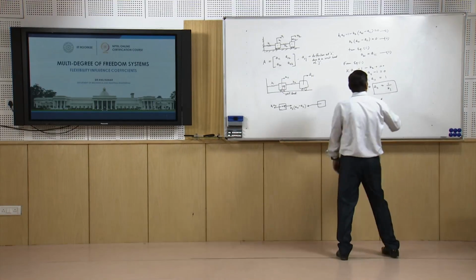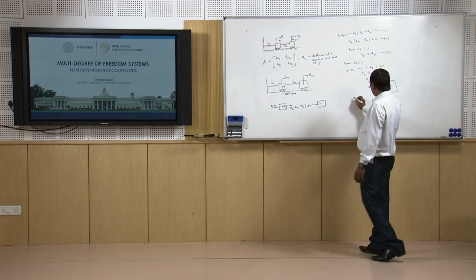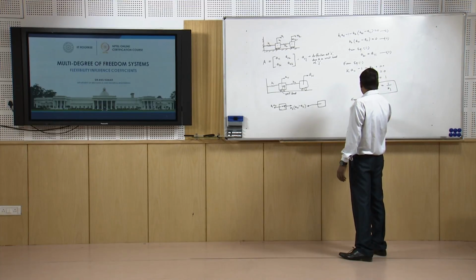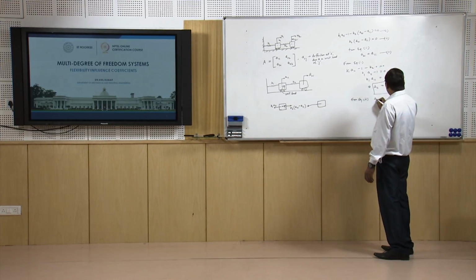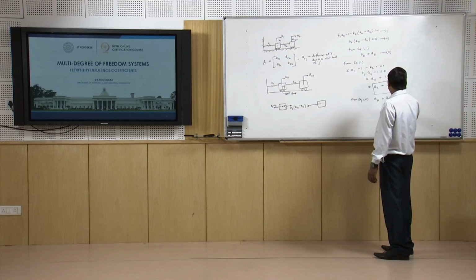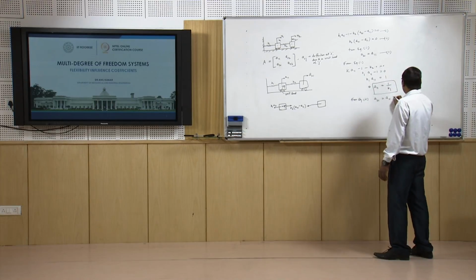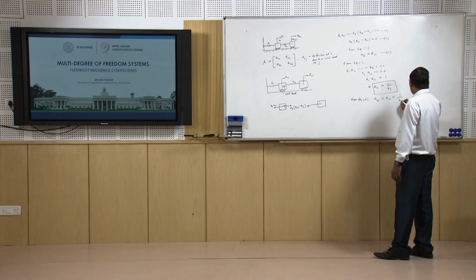Now from equation 3, we have A21 equal to A11, and therefore it is also equal to 1 by K1.